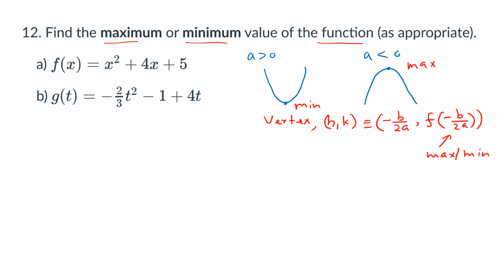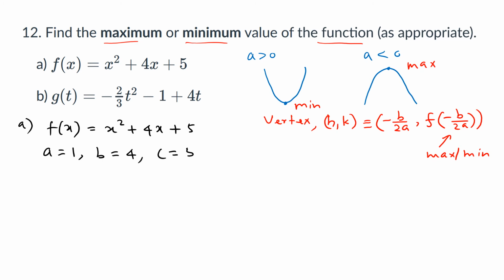That means this problem is really simple. What we need is a and b, and we can plug in. Let's see how we can do this problem. The first problem is f(x) equals x squared plus 4x plus 5, and you can see a, b, c are in the right order. So a equals 1, b equals 4, and c equals 5.